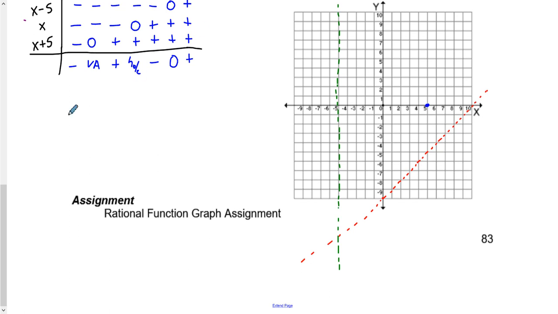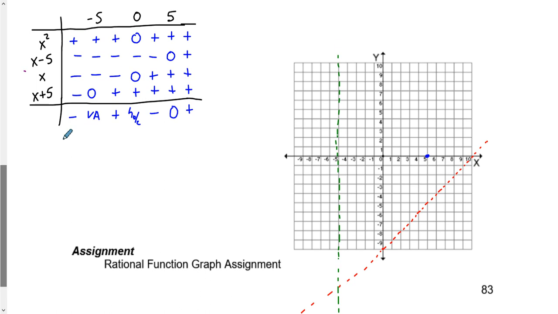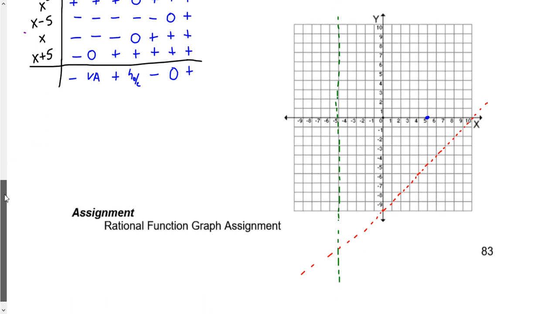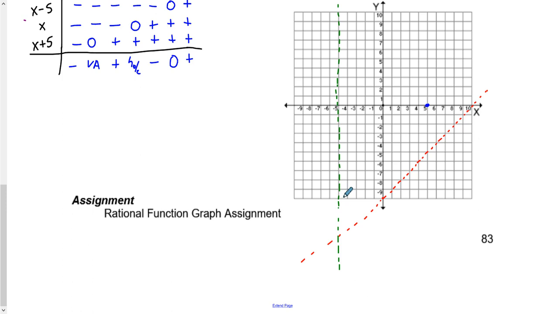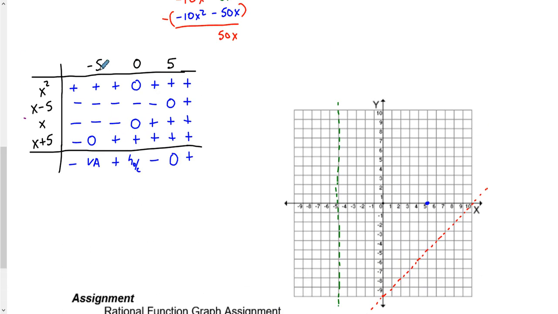So let's start with the graph. Negative on the left-hand side of -5. Well, the only way we can be negative and still be close to our asymptotes will be here. On this one, we are positive in between -5 and 0.